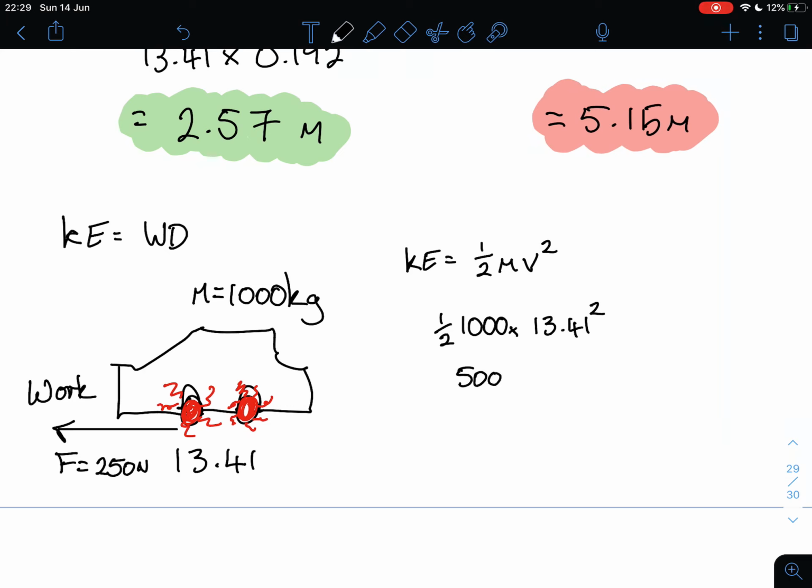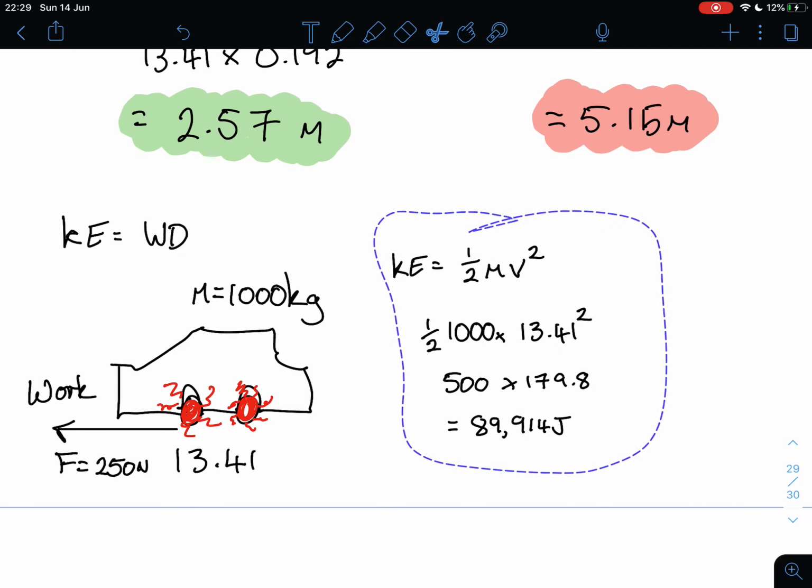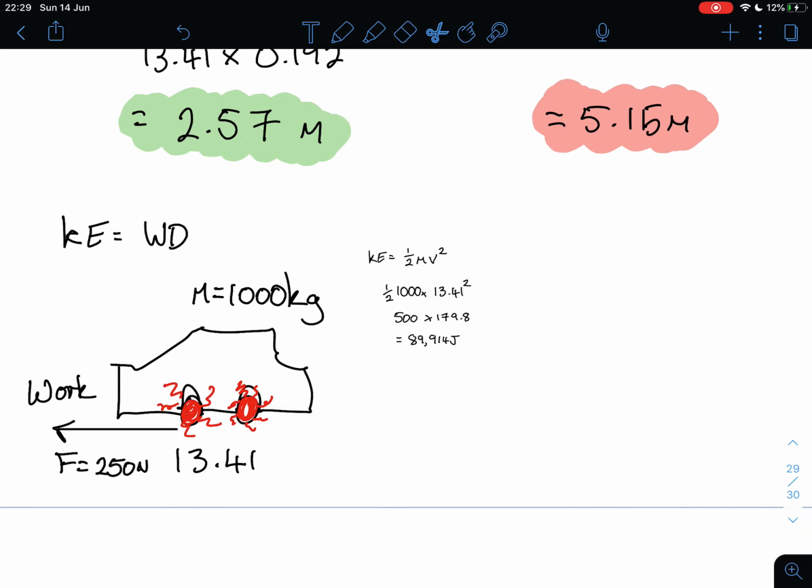Back to my trusty calculator. 13.41 times 13.41 gives me 179.8. Times that number by 500, and we've got ourselves kinetic energy of 89,914 joules. So that's the first bit. That's how much energy your car's got while it's flying along. Let's shrink it, move it over here.